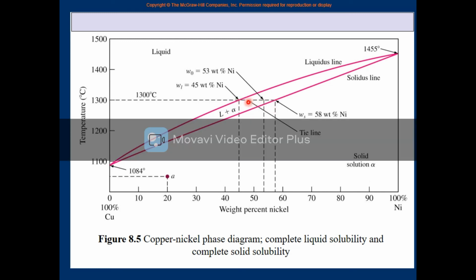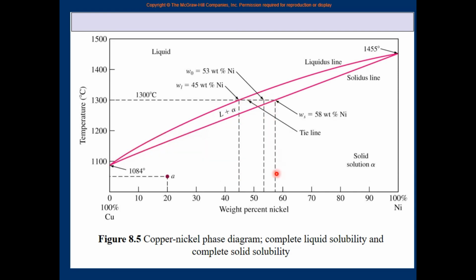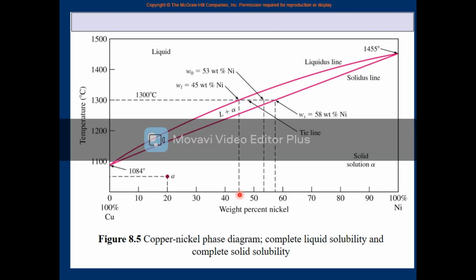So the next step is that wherever it cuts the liquidus, draw a vertical line, and wherever it cuts the solidus, draw a vertical line. Then find out as accurately as you can. You will be slightly approximate, but here we are giving you the exact values. This cuts here at 45 weight percent nickel.